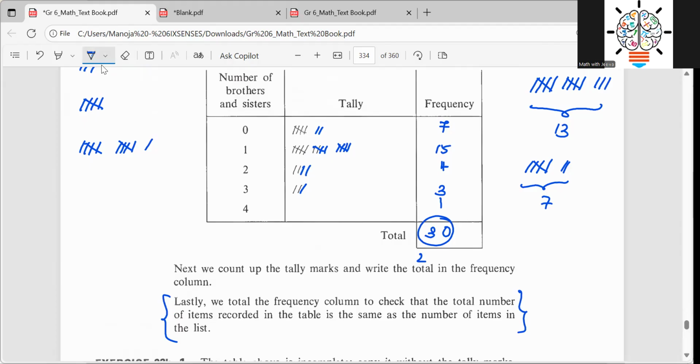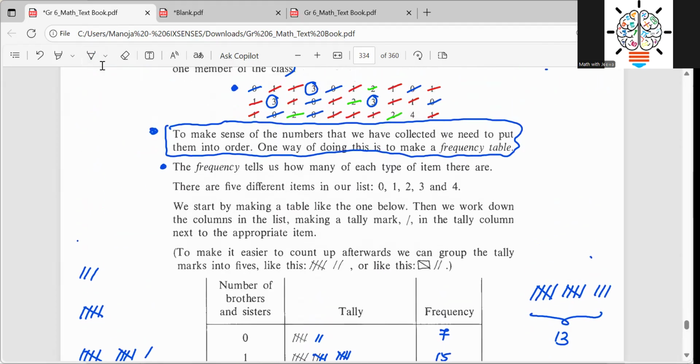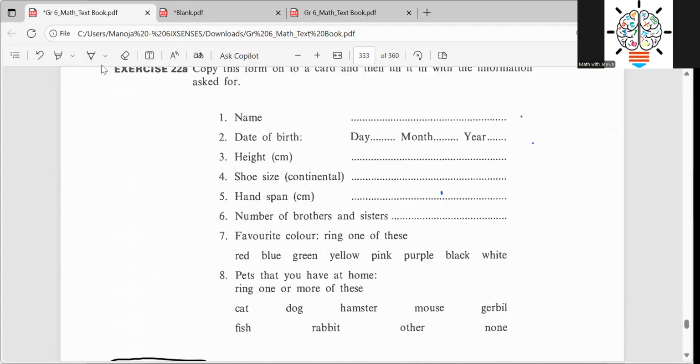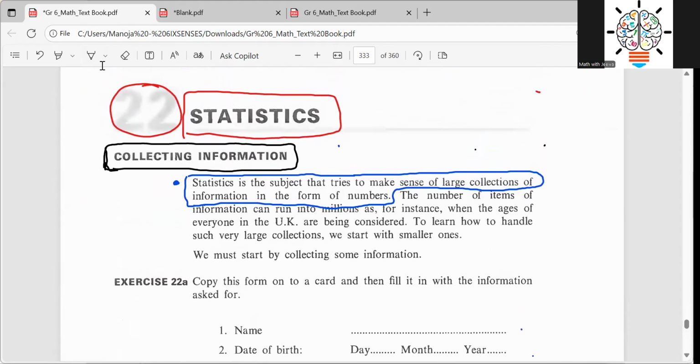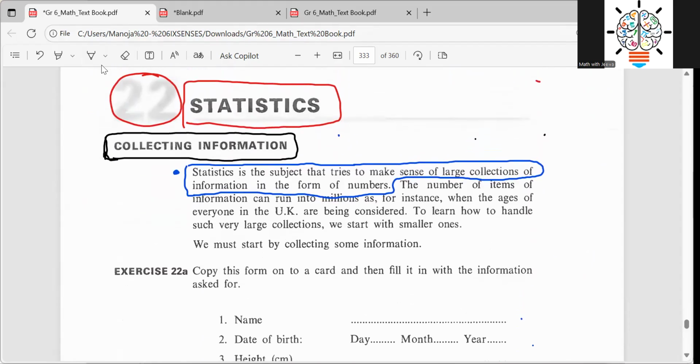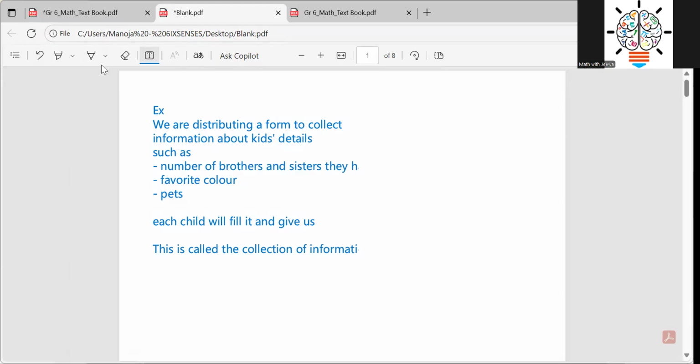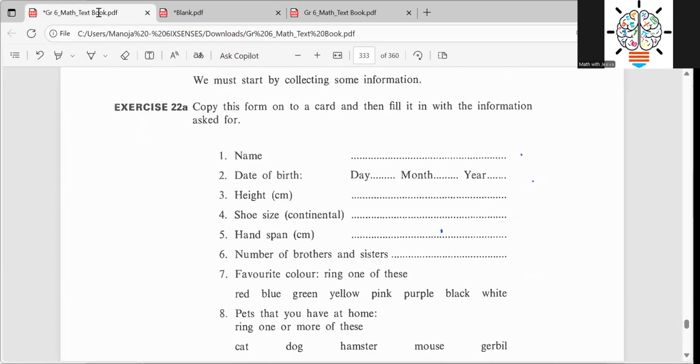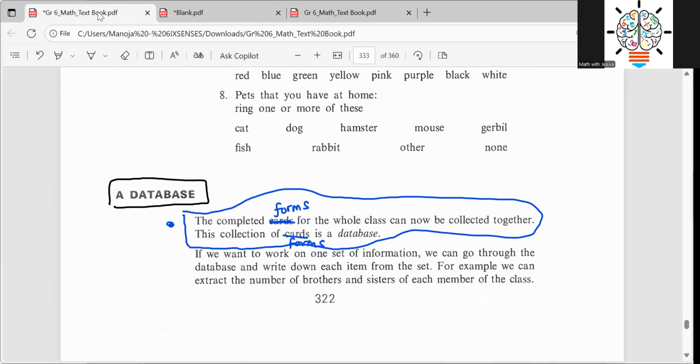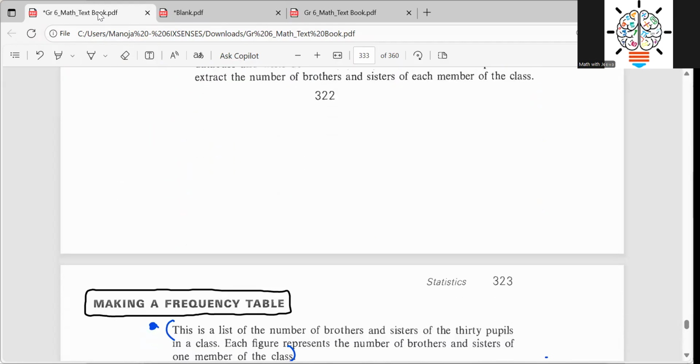Okay. So that is all about the frequency table. We discussed statistics and collecting information, how we can collect the information. Once we have the information, we collect and keep it together, and we call that a database.